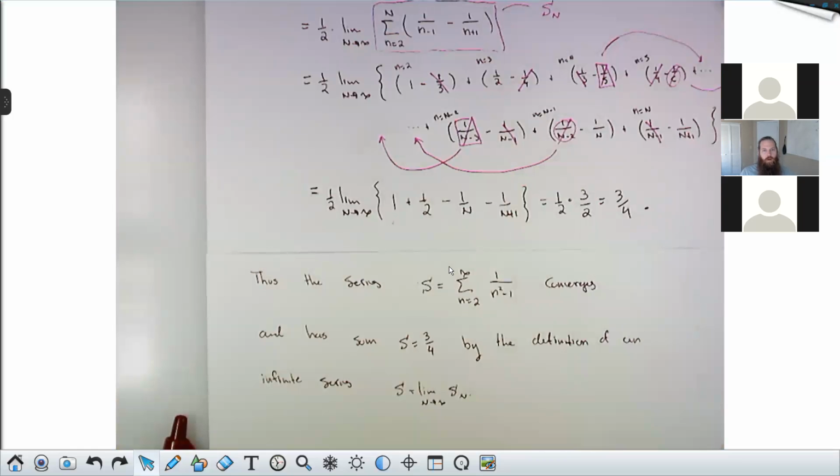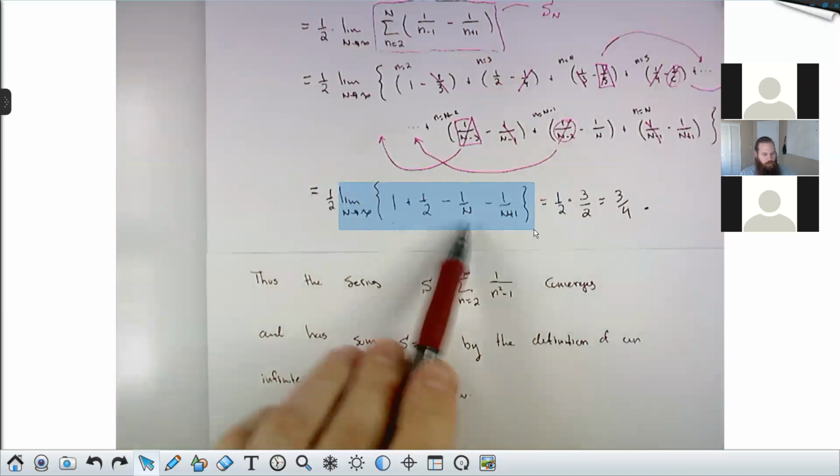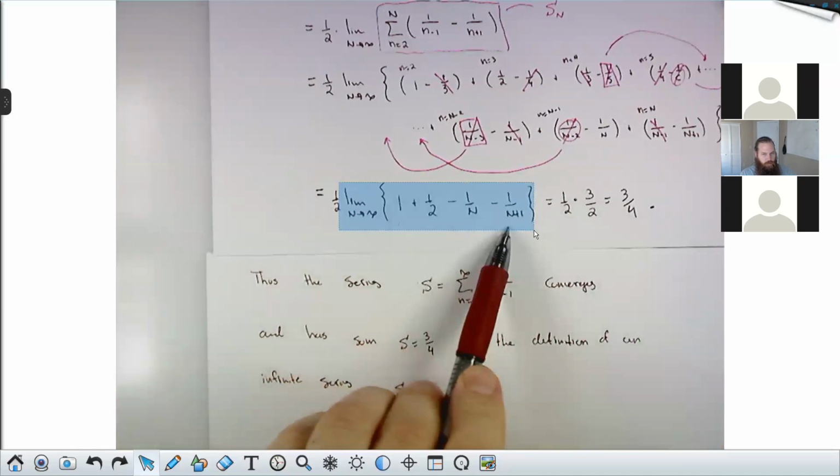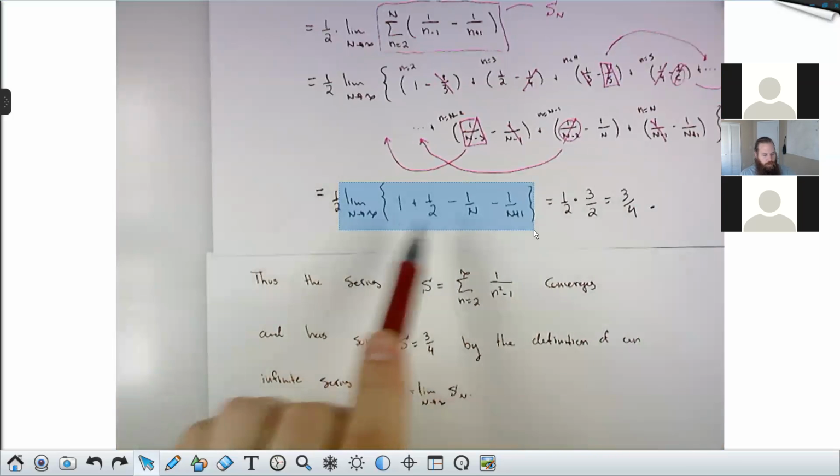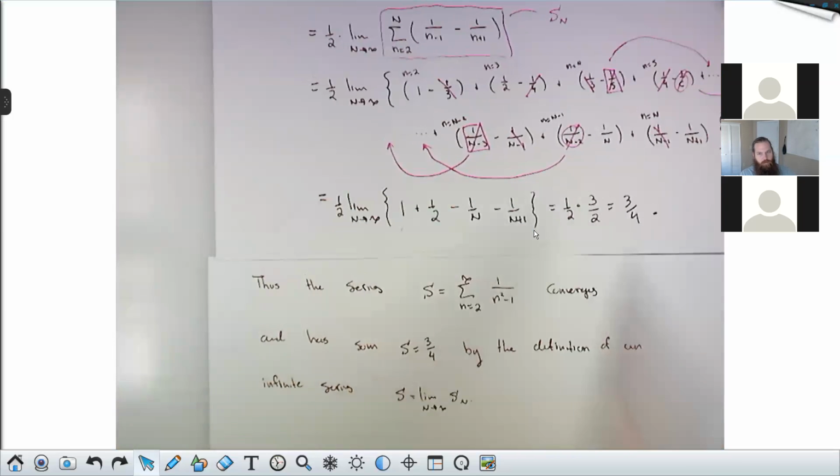Why 3/2? Because 1 plus 1/2 is 3/2. So the limit as N goes to infinity of this curly bracket stuff is 3/2. So the 1/2 here is this 1/2. And the limit as N goes to infinity of all this stuff, the 1/n goes to 0, the 1/(n+1) goes to 0, and you get 1 plus 1/2, which is 3/2.